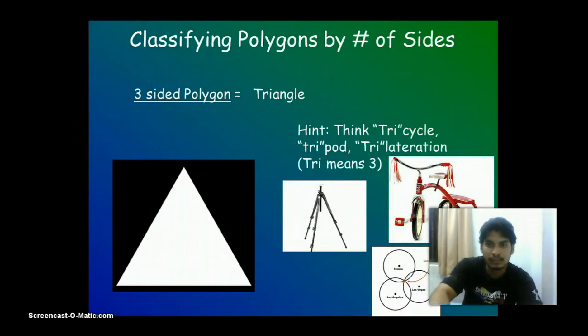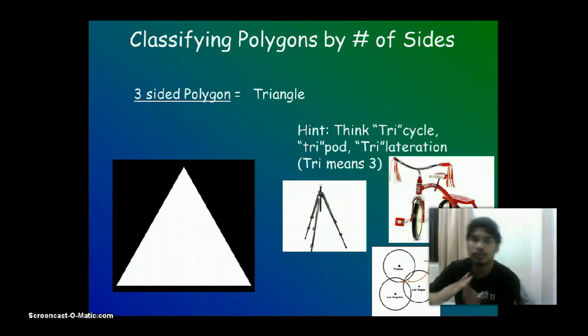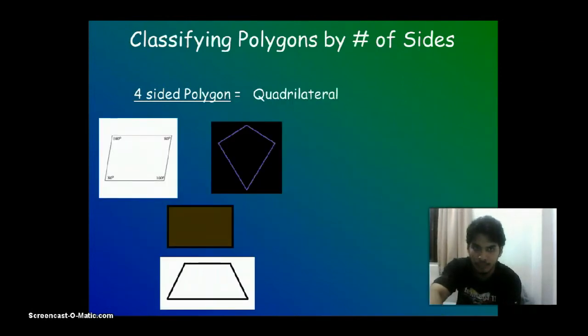The tri itself means 3, just like a bicycle with 3 wheels, we call it a trishaw, while 3 poles joined together we call a tripod, and so on. Then 4-sided polygons, we call them quadrilaterals.